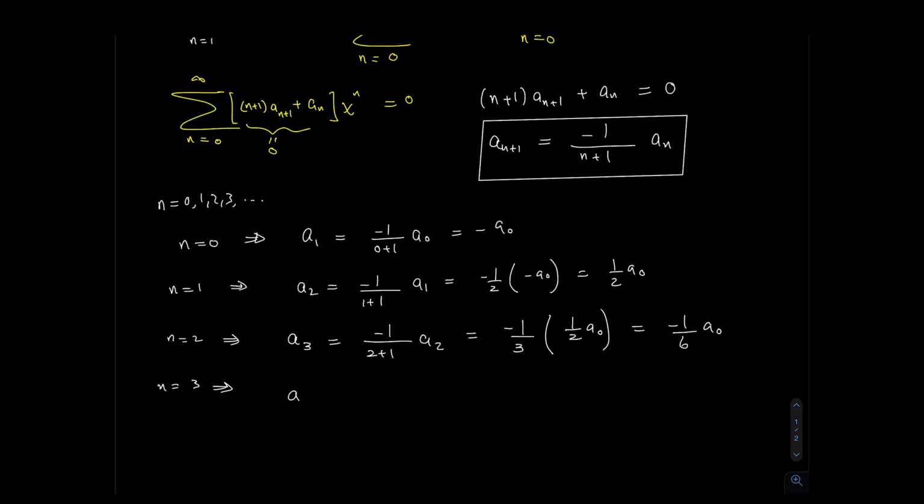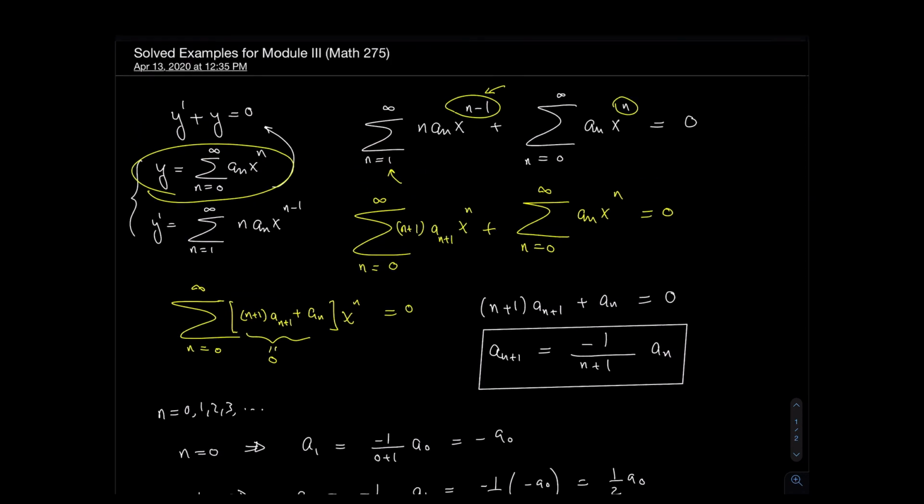Let's try that out. a4 becomes minus 1 over 3 plus 1 a3. So minus 1 over 4, and a3 is minus 1 over 6 a0. So this becomes 1 over 24 a0. I think this is enough terms for us to begin to see the solution.